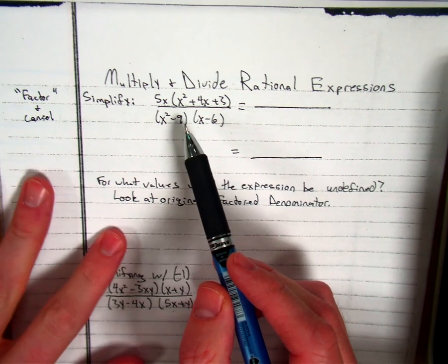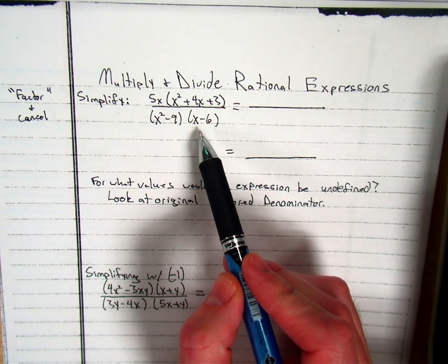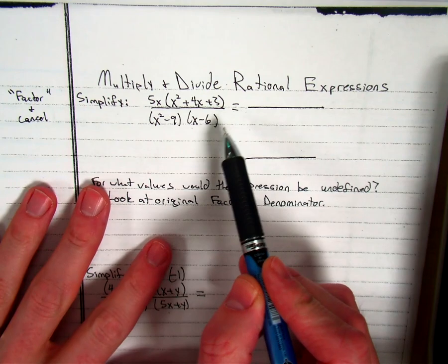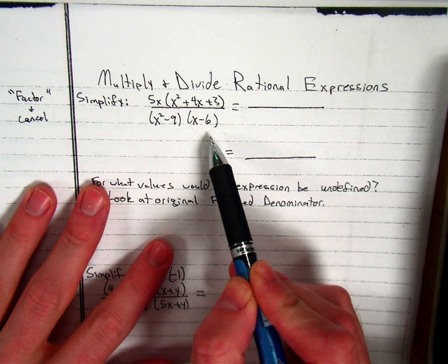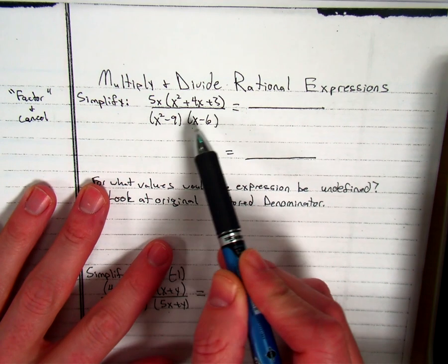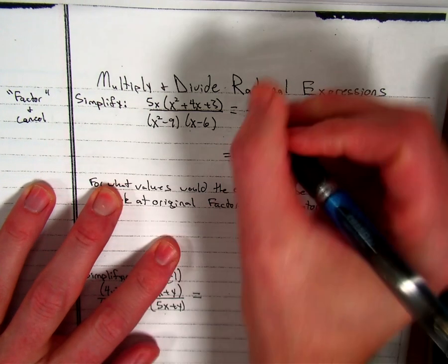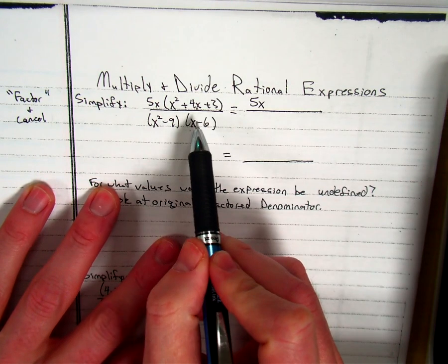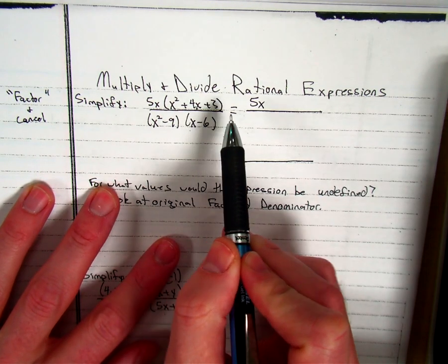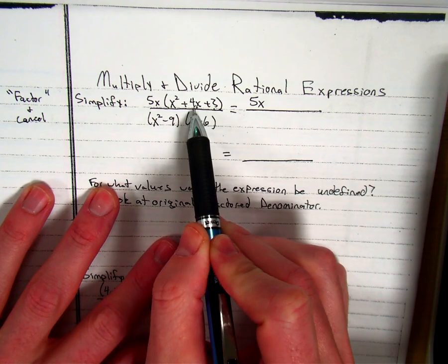Alright, so we have 5x times x squared plus 4x plus 3 all over x squared minus 9 times x minus 6. Okay, so looking at the top, nothing to do there with the 5x. X squared plus 4x plus 3. What multiplies to 3 and adds to 4?